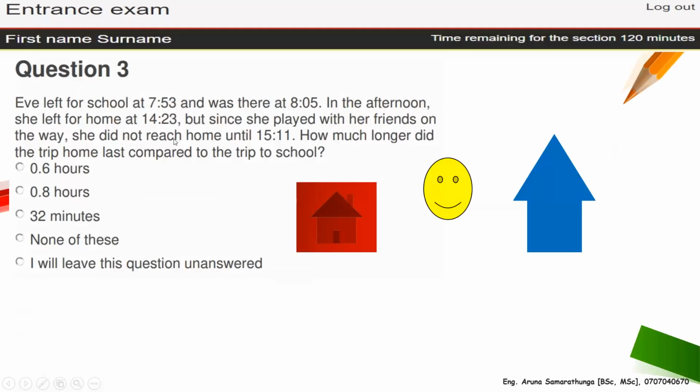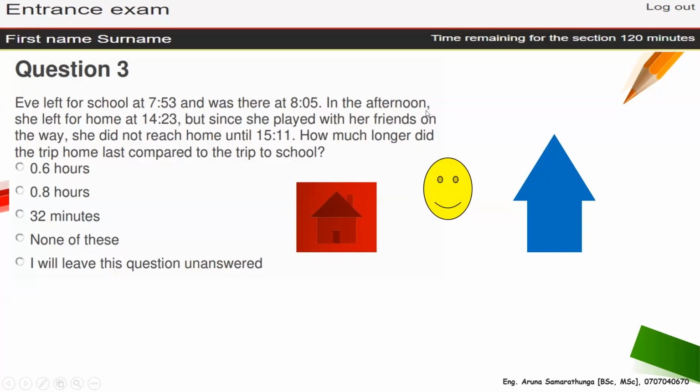Okay, this is another question, a very good one. Eve left for her house. Normally in Finland, the school starts at 8:15. So Eve, the child, left home for school at 7:53 and was there at 8:05.